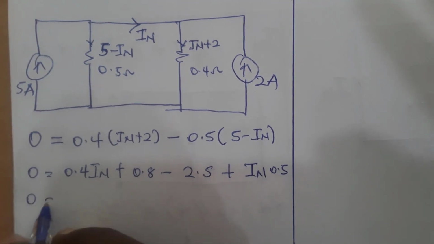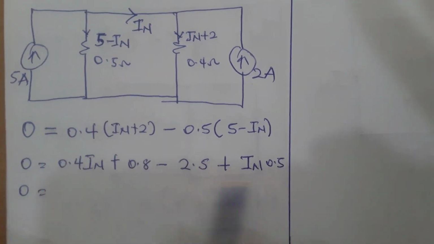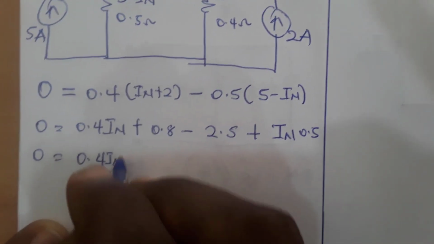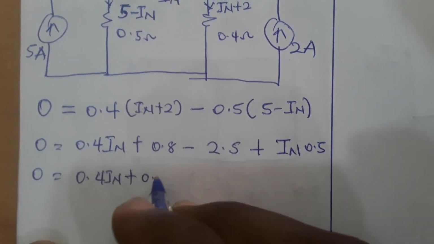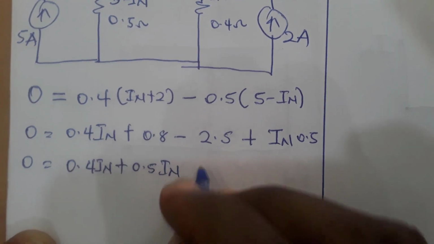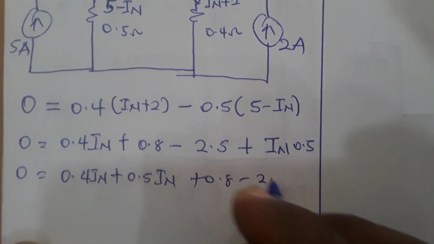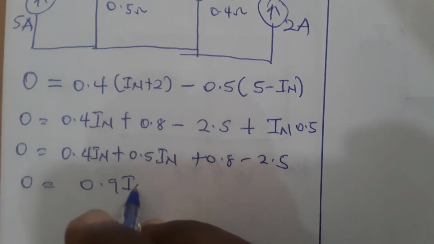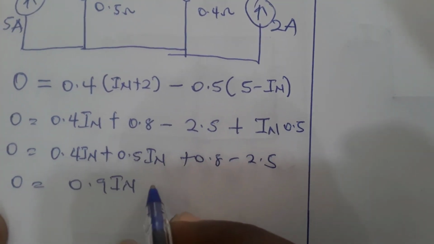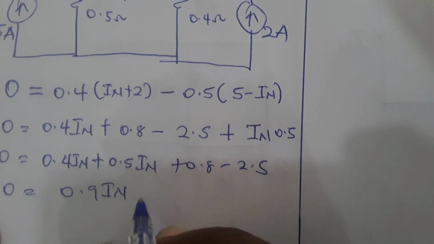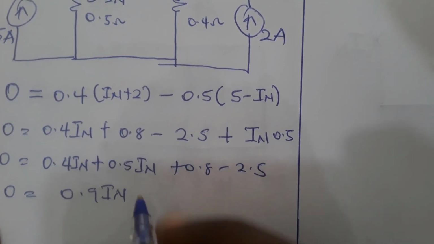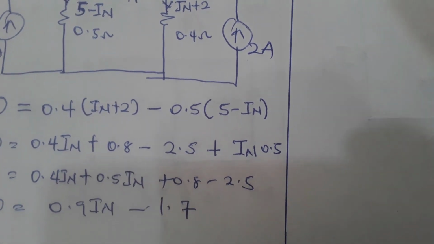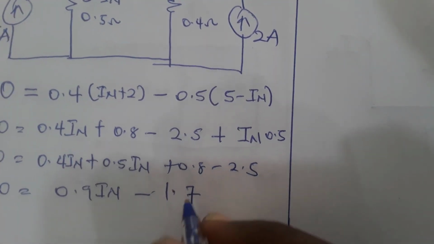Grouping like terms, I can add the INs. So I have 0.5 IN plus 0.5 IN here plus 0.8 minus 2.5. 0 will be equal to 0.9 IN, and here will give us negative 1.7.